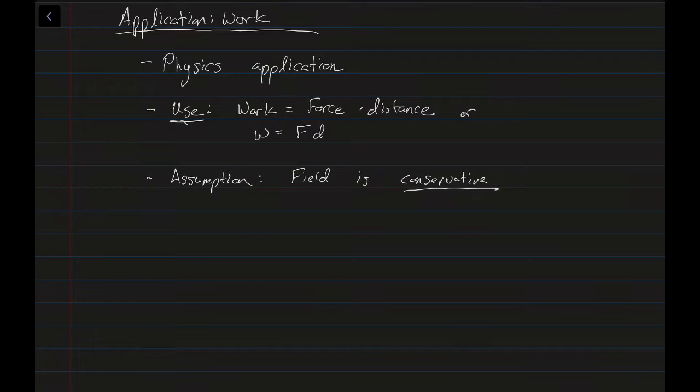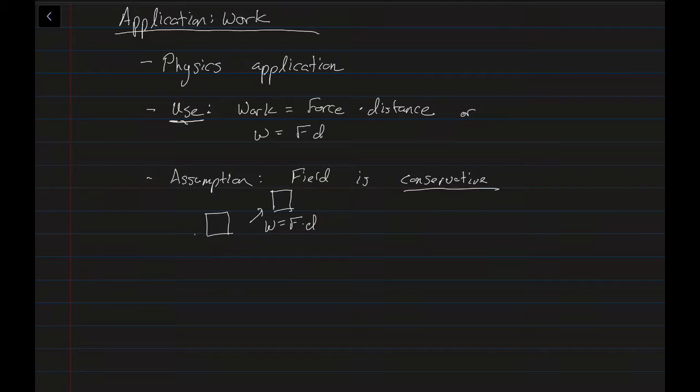Okay, so what does it mean for a field to be conservative? Well, say I have a gravitational field, and I have a box. Now, if I move the box from the ground up to another height, I apply some work on it.